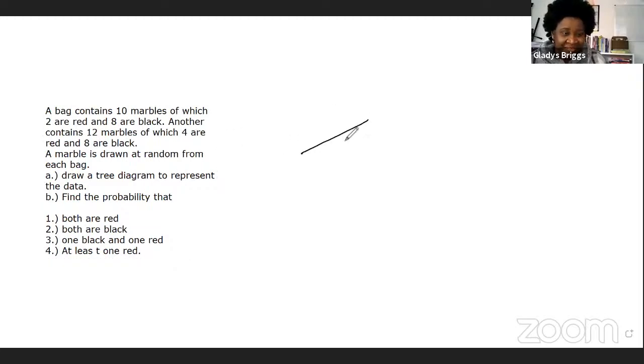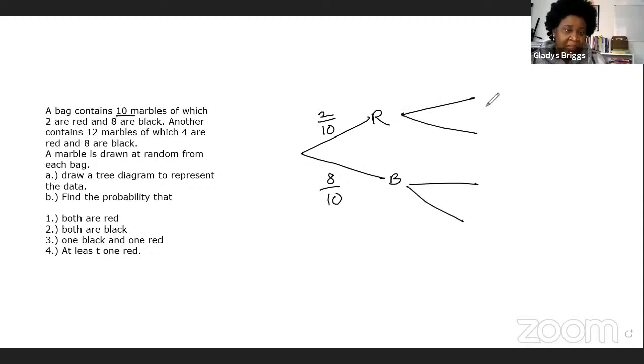Okay. So it's the same thing we've been doing now. This one contains 10 marbles. So 2 are red. So this is red and what? Black. So this will be 2 over 10 and 8/10. And the second bag contains 12. Red, black, red, black.